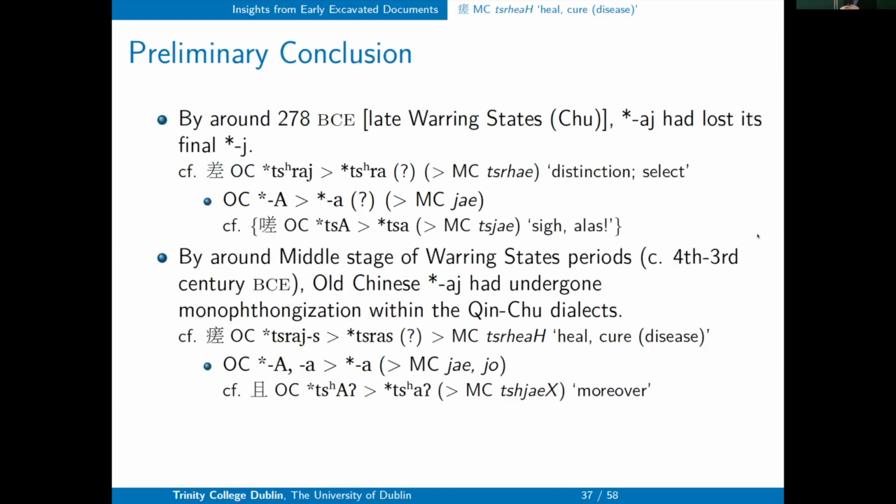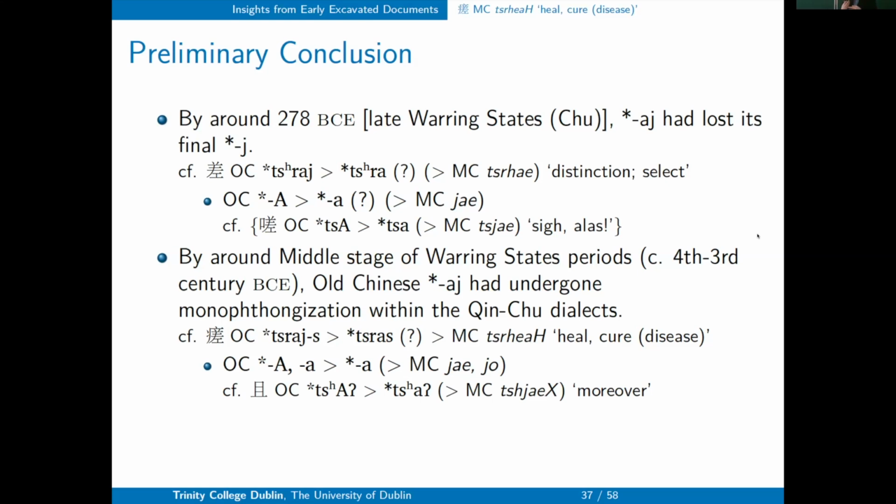Thus, we can conclude from the information in the earlier manuscripts that by around 278 BCE in late Warring States Chu, the Old Chinese I had lost its final E, and the Old Chinese A still keeps itself as A, at least in certain words.